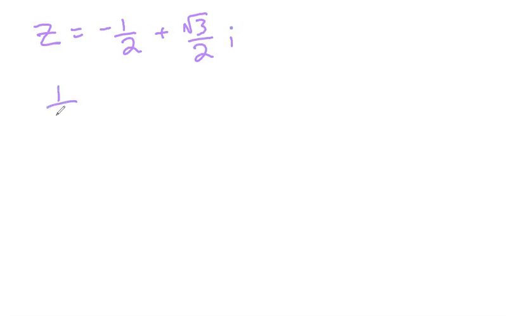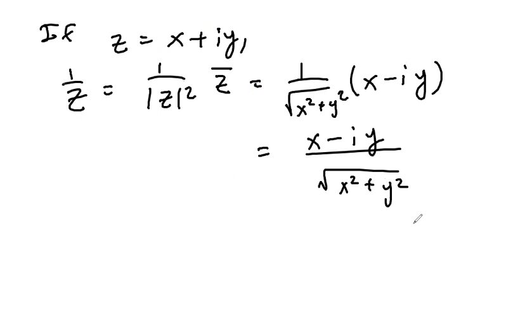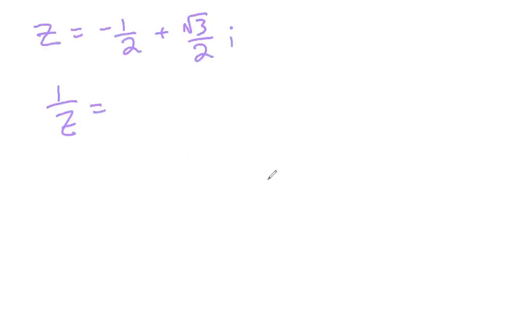And again, we're going to find 1 over z here. So how do we do that? Well, once again, we need the conjugate, and we need the modulus here. So the conjugate, this should be unsurprising, is minus 1/2 minus root 3 over 2 i.